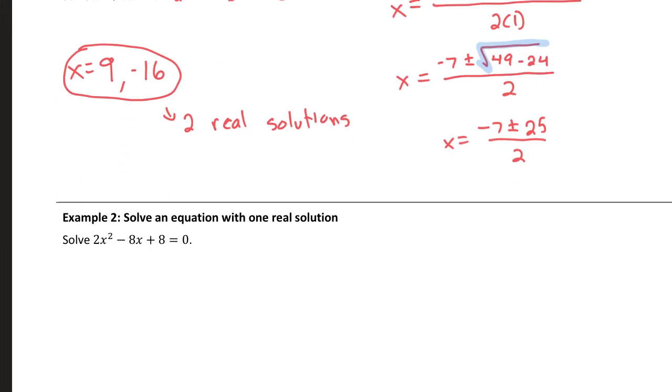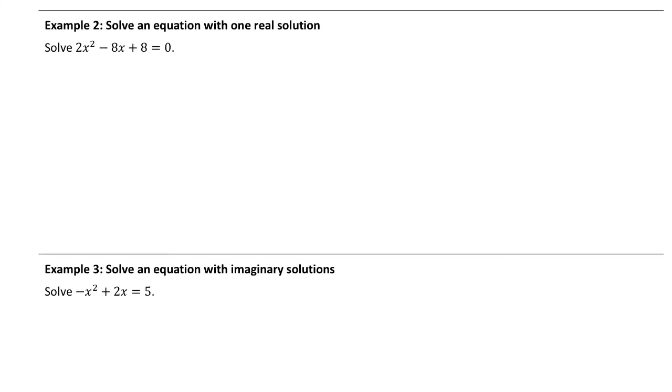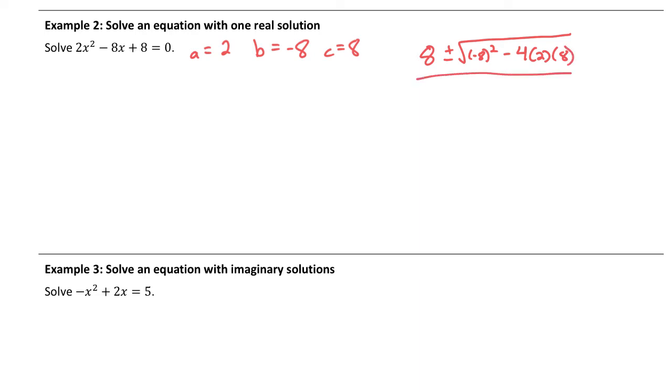So an example of an equation with one real solution, just getting used to it, and obviously use the formula to reference, but a is 2, b is negative 8, c is 8. So my quadratic formula is negative b, which would be just positive 8, plus or minus square root of b squared, so negative 8 squared minus 4ac, 4 times 2 times 8.